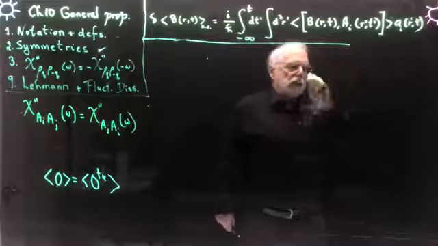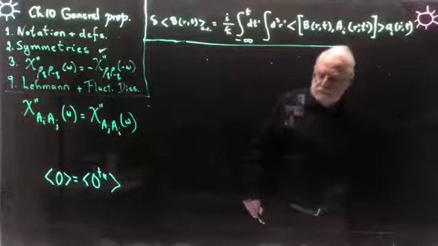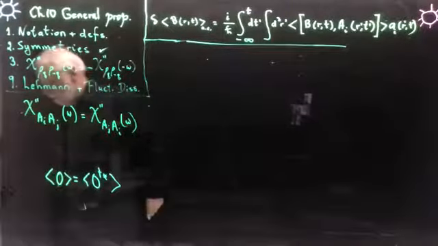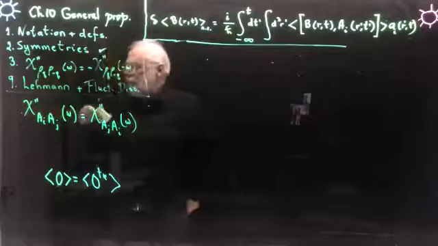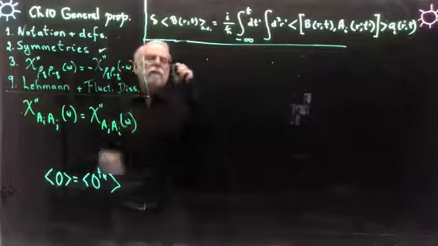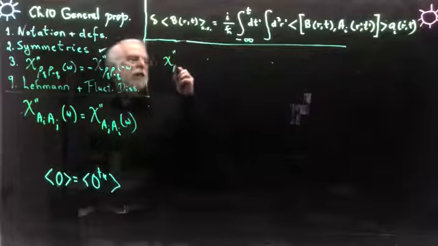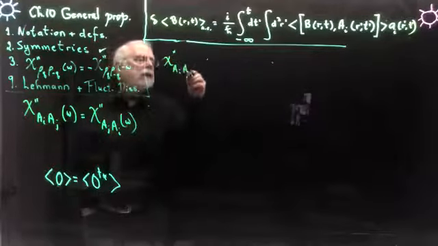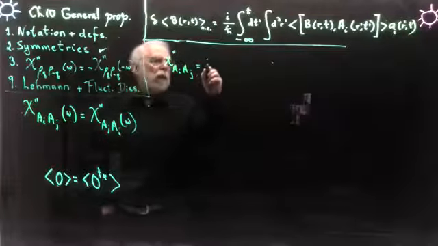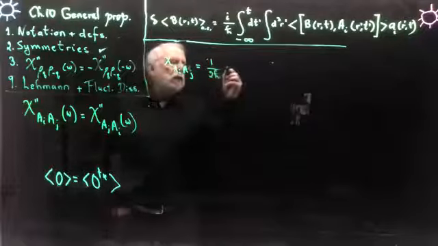So I will drop r minus r prime, and I will just keep these indices i and j. So chi double prime of A_i A_j is just equal to 1 over 2 h bar times the trace.